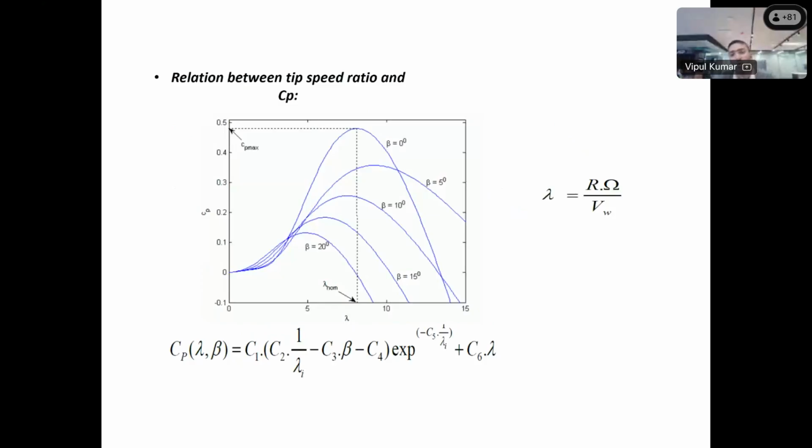Then lambda depends on omega, the angular speed. So this is the Cp versus lambda curve, or we can say the Cp versus omega curve. Omega is the angular speed of the wind turbine, not the speed of the generator, because the wind turbine may have a gearbox between the turbine and the generator.